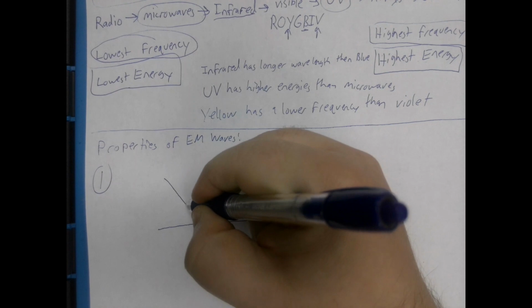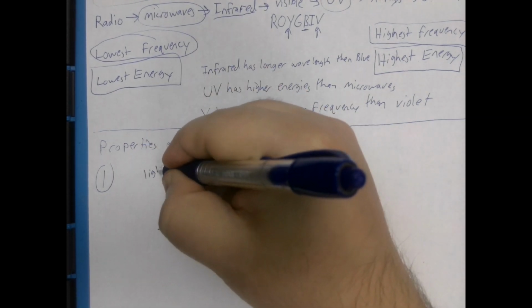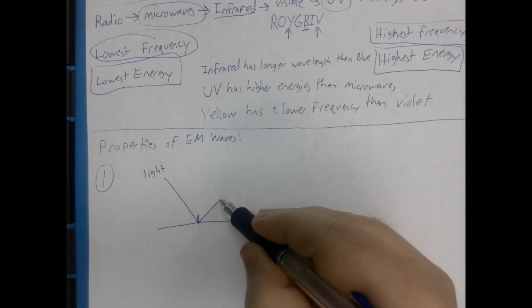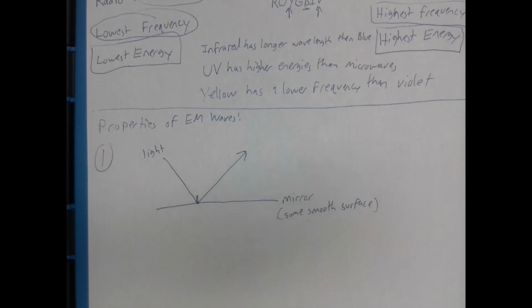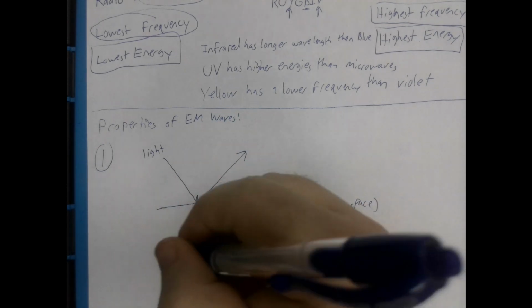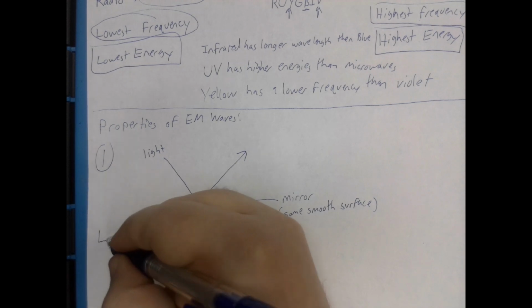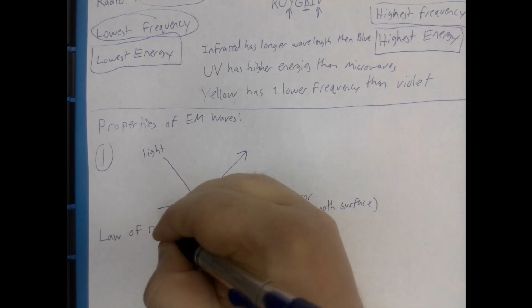We can have light come in, and it can reflect off. I'm going to show you the law of reflection. So this is the law of reflection.